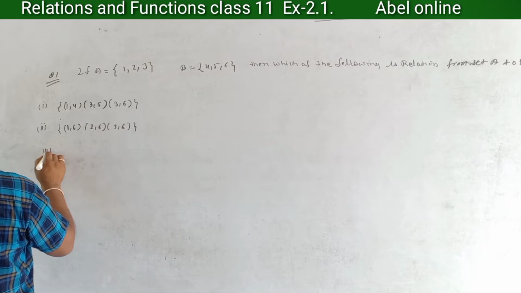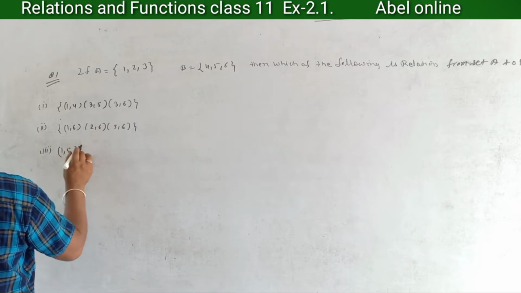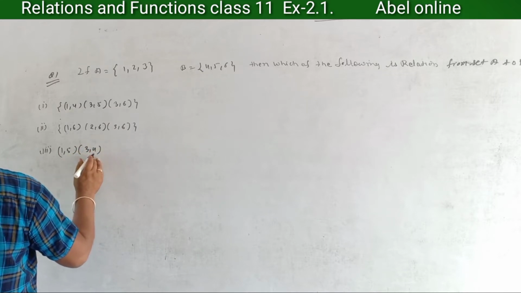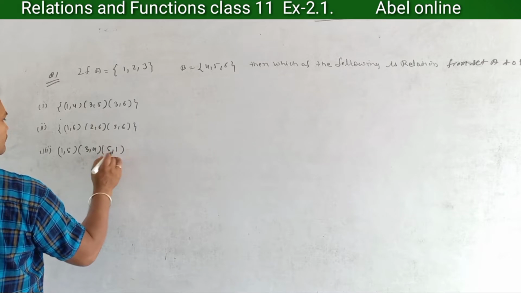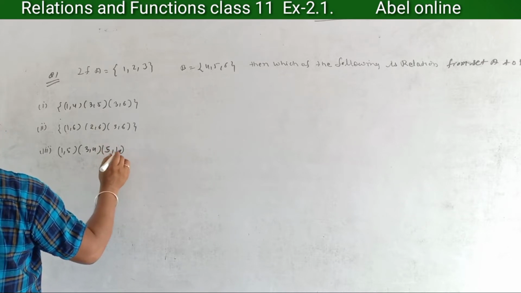Third is {(1, 5), (3, 4), (5, 1), (3, 6)}.